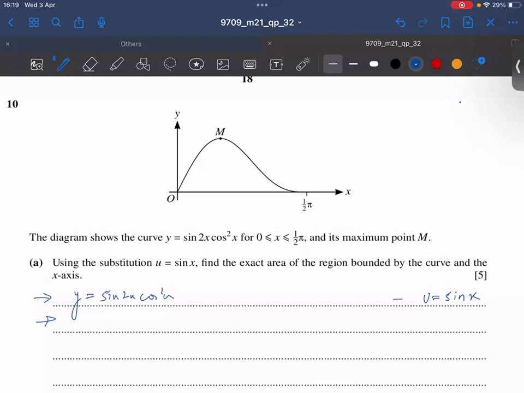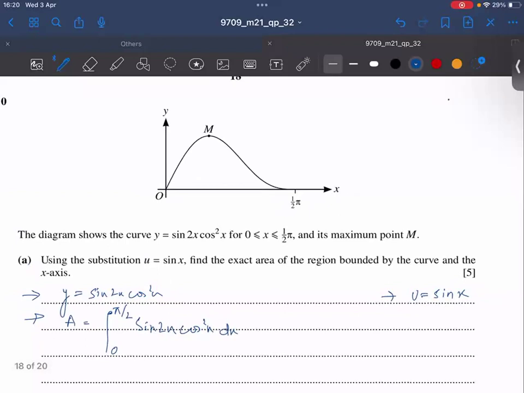So how would you calculate the area? Through integration. The area is the integral of sine 2x cos square x dx from 0 to pi by 2.